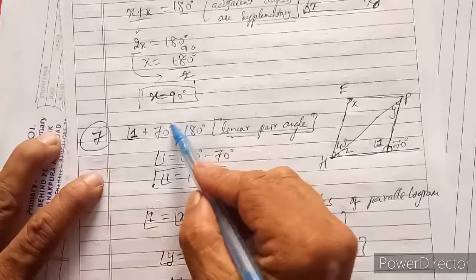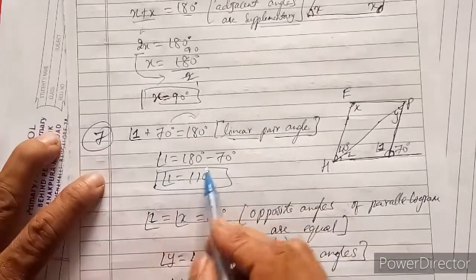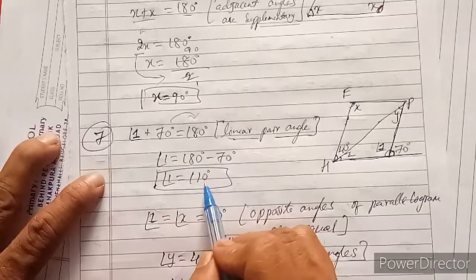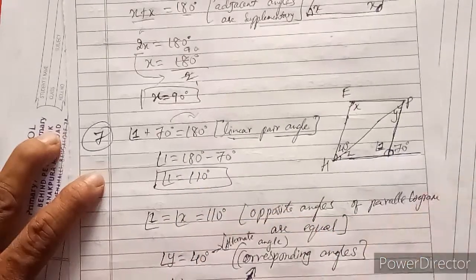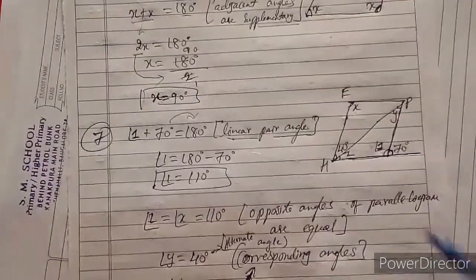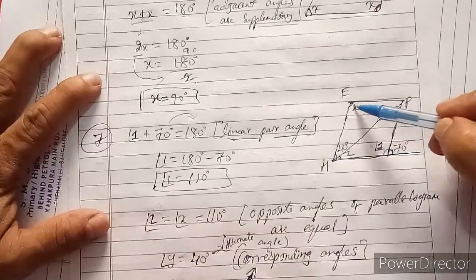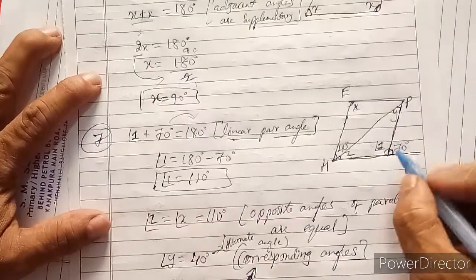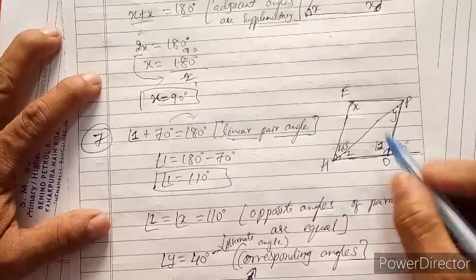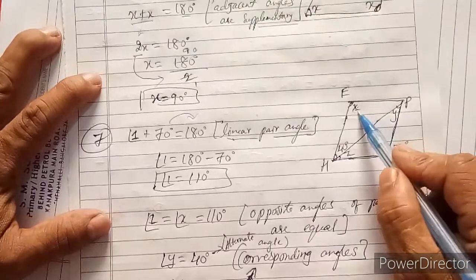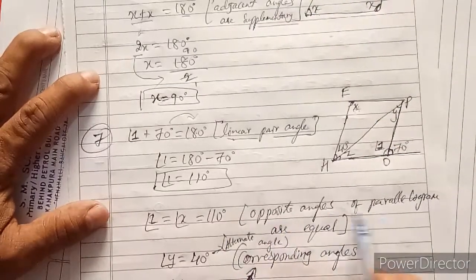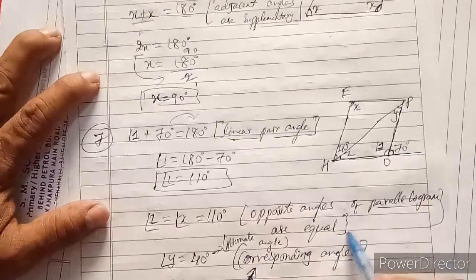If you transpose, angle 1 is equal to 180 minus 70 degrees. If you subtract, we get angle 1 is equal to 110 degrees. Got it? Okay. Now we know that angle 1 is equal to angle E, because they are opposite angles. In HOPE, angle O is equal to angle 1 is equal to angle x. They are both 110 degrees because opposite angles of a parallelogram are equal.